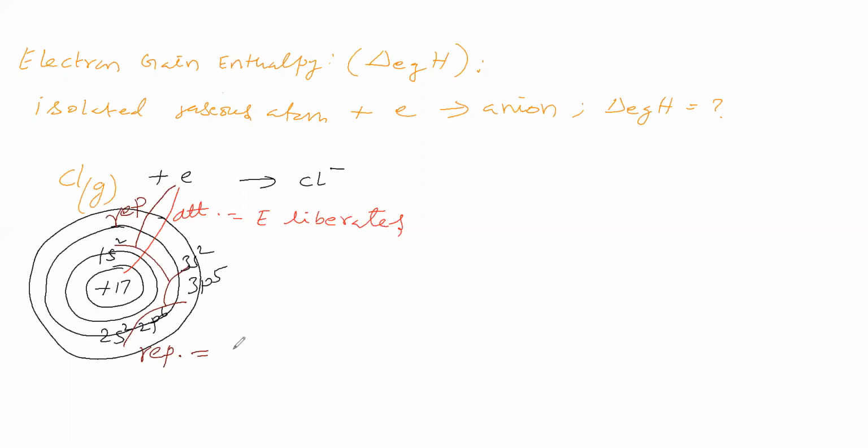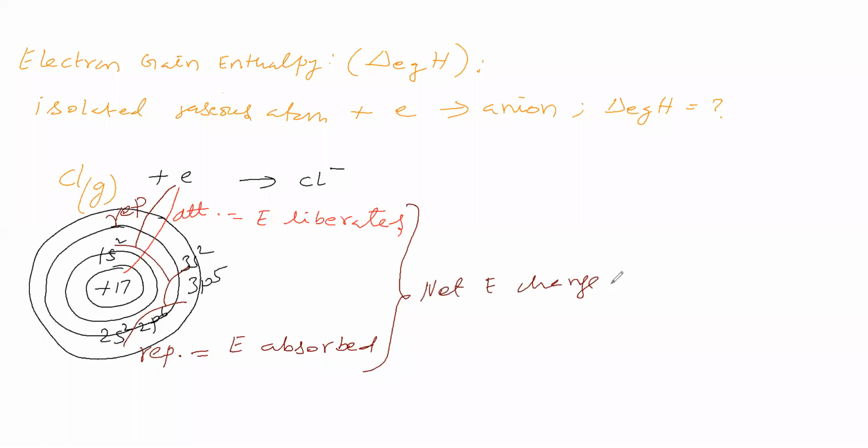The system will absorb energy in order to overcome the repulsion. Only if repulsion is overcome will the electron add into Cl. So now we have to see the net energy change.